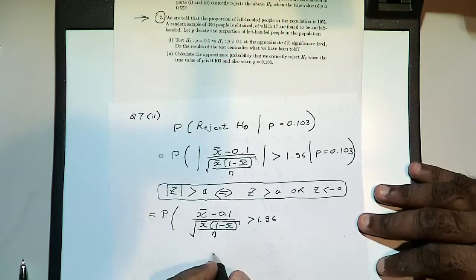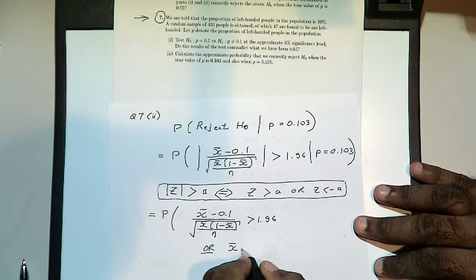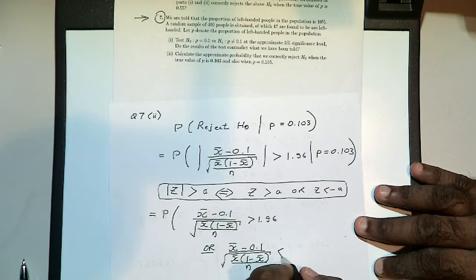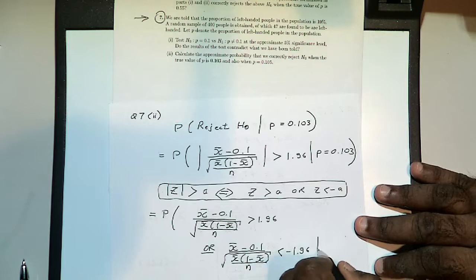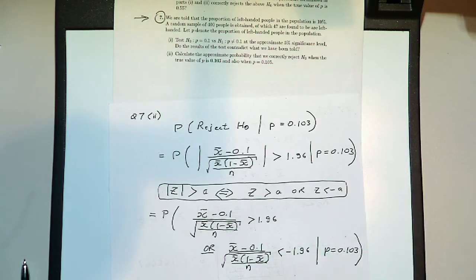Okay, like this. So you see what I've done? I have used the fact that if the absolute value of z is greater than a, then either z is greater than a or z is less than minus a.